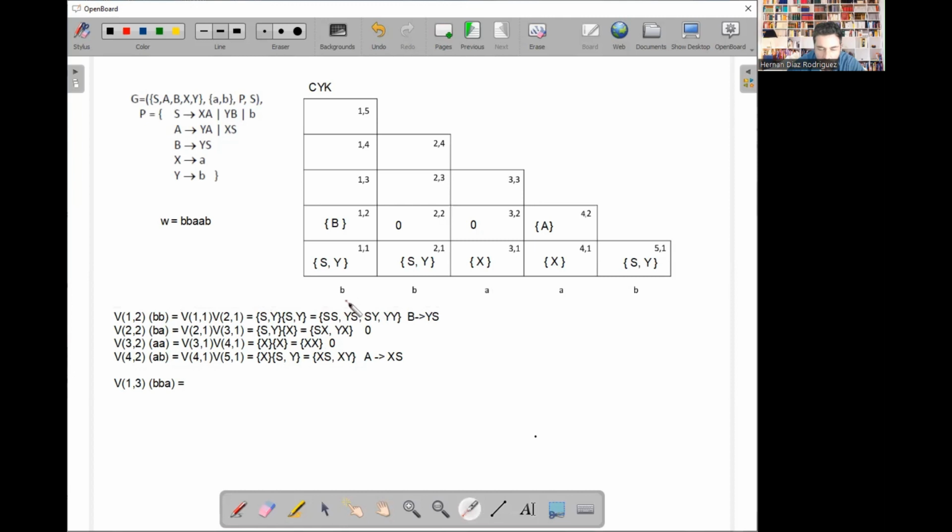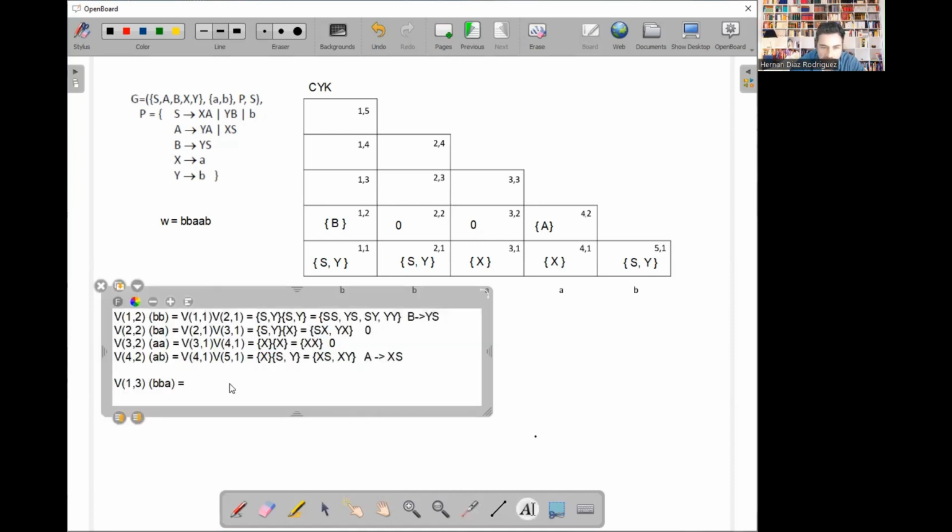So we are in Chomsky Normal Form. So that means that to create this chain, I can do it generating B and BA, or generating BB and A, right? It's all the combinations they can create with 2 different variables.